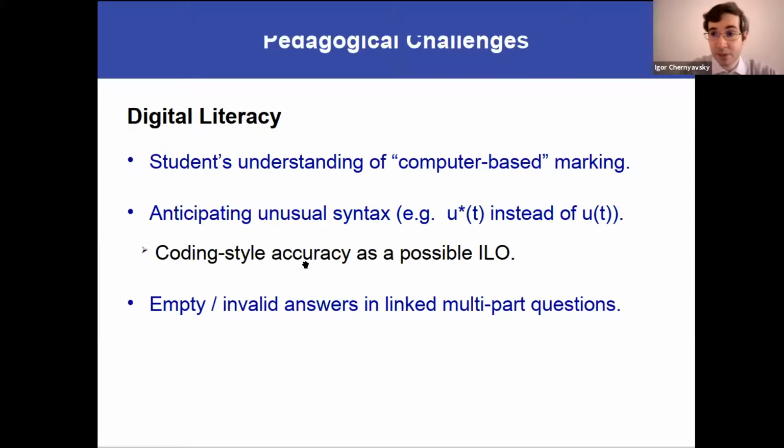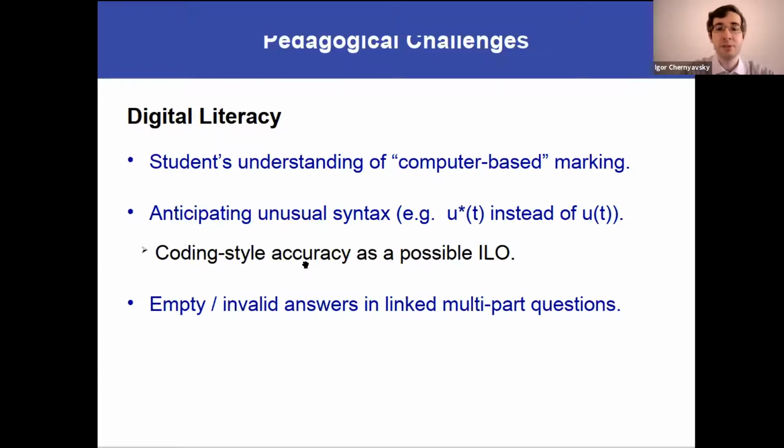The primary challenge I perceive here is digital literacy, and it's certainly not as uniform as I would expect across the student cohort, particularly students' understanding of what computer-based marking can or cannot do.